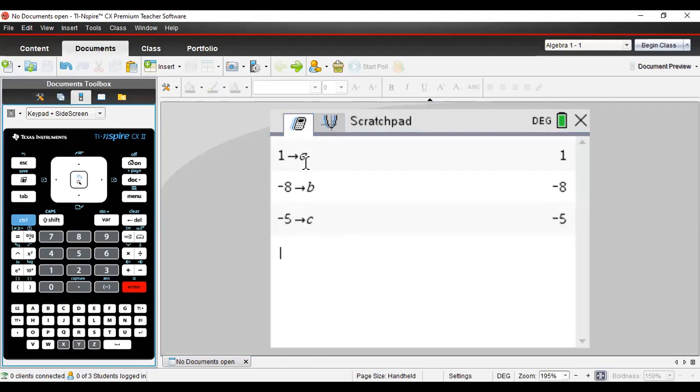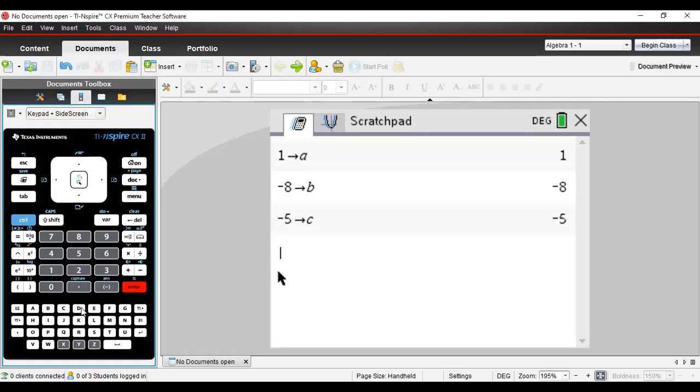Now, what I need to know is, what is the b squared minus 4ac? This part inside the square root. That's what I need to know because this is what's making it irrational. So let me go back to the calculator and let's calculate that.